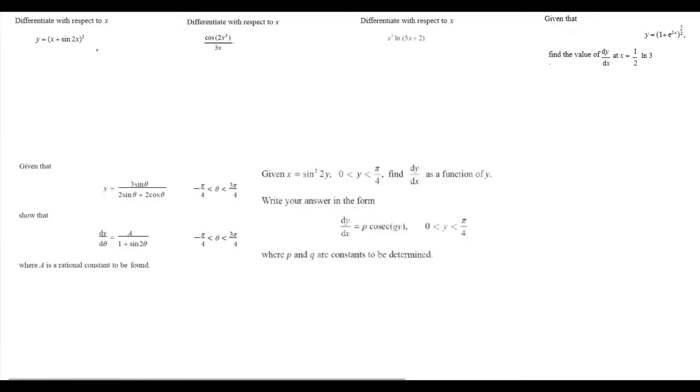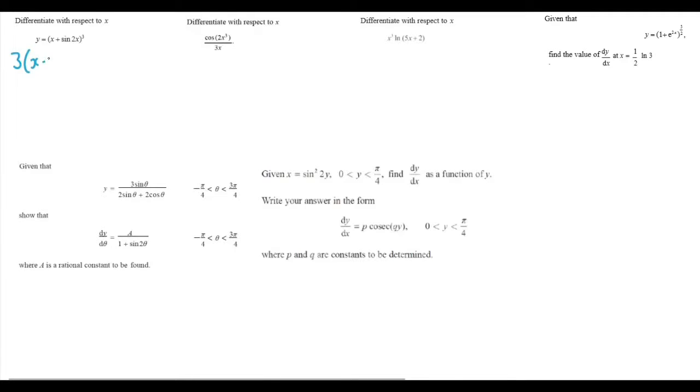So, for the first question, we have y equals x plus sine 2x, all cubed. This requires the chain rule because it's something in brackets to a power. So, going by the chain rule of coefficient times power, 1 times 3 is just going to be 3.